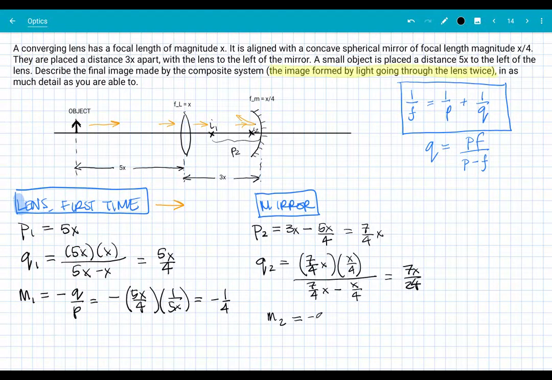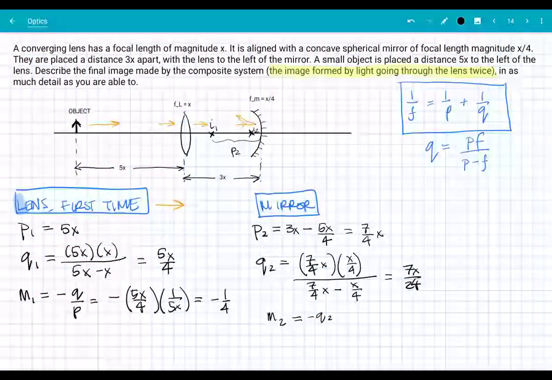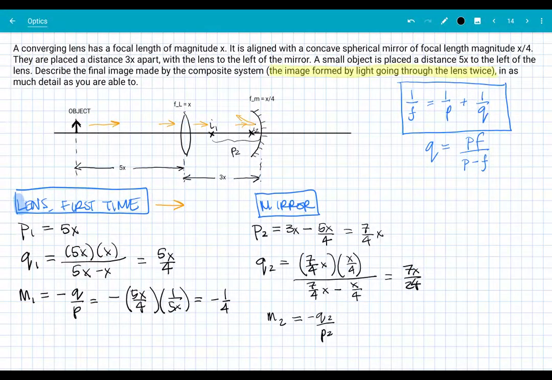Magnification, again, is always negative Q2 over P2. This was Q1 over P1 over here. So that's going to be negative 7x over 24, so over P2, right? So we flip that, 4 over 7x. Be careful as you're working with these fractions.